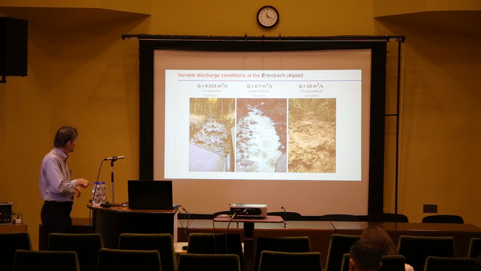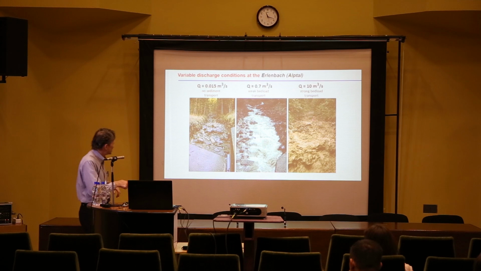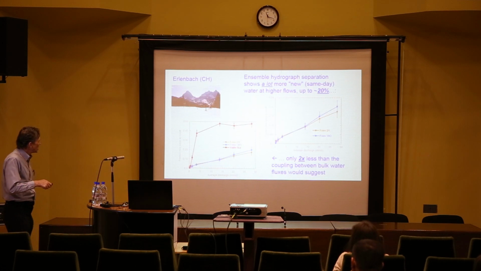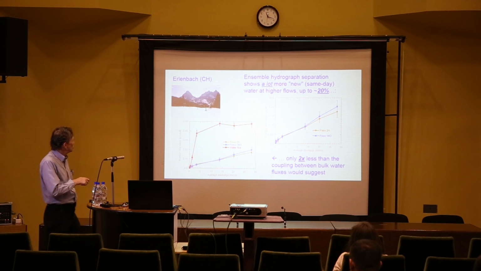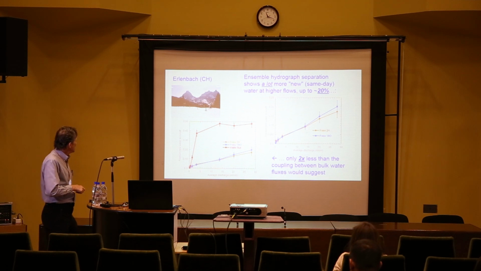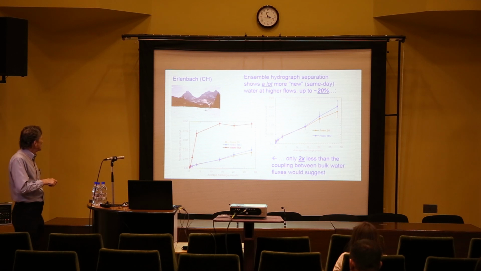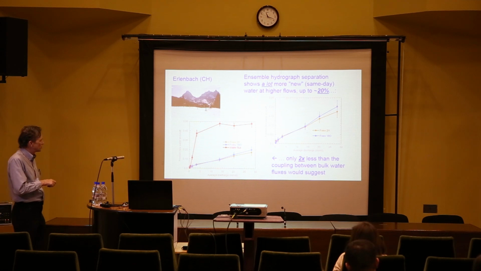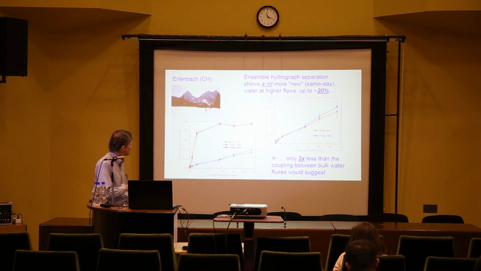And again, to remind us, Erlenbach goes through these really violent changes in stream flow. At Erlenbach, now, the fraction of new water in runoff can be as high as 20%, which is a lot. But again, the coupling between precipitation and stream flow rates is even stronger than that, and shows a very strong threshold effect.